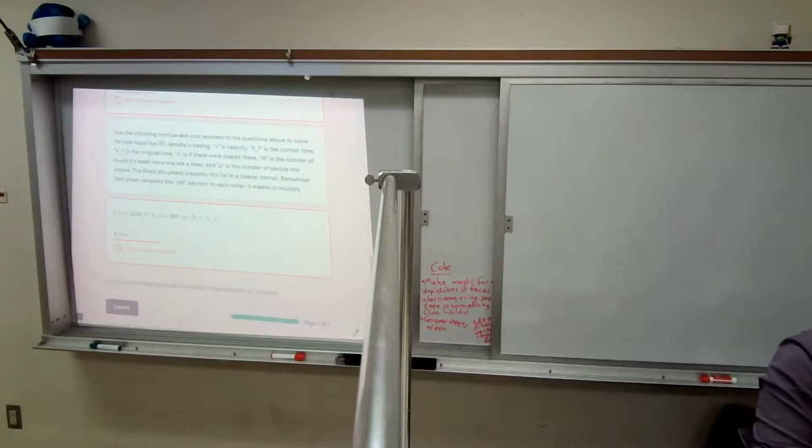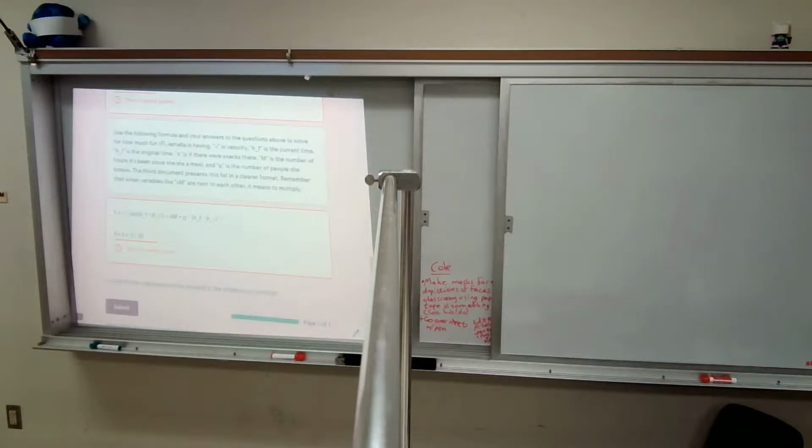Did anybody do this whole formula and get a good answer for it? 1.25 is what you should get. Let's see if I can do it real quick, even though we're about out of time. S next to M, so S, there were snacks, so S is 1. M is the number of hours since you ate a meal, so that's 1.5.